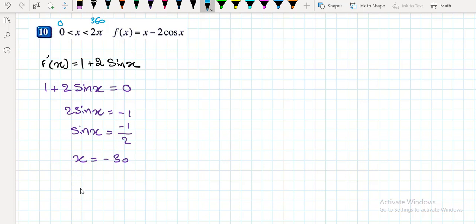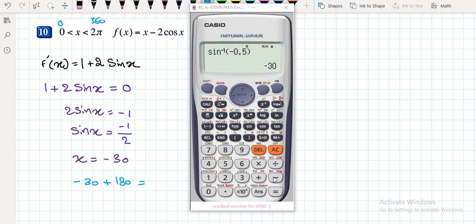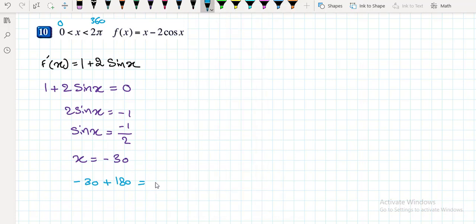Negative 30, which is the answer I got, plus 180 is equal to 150. I need to test this 150.